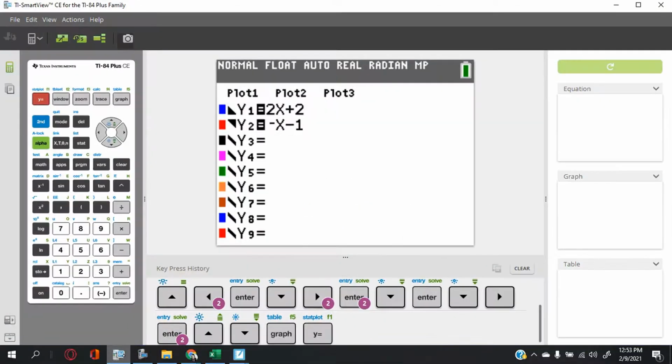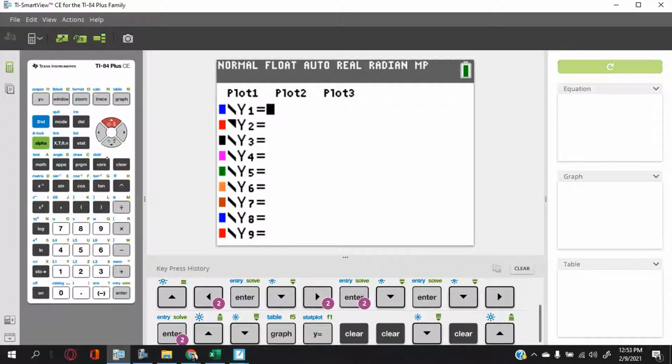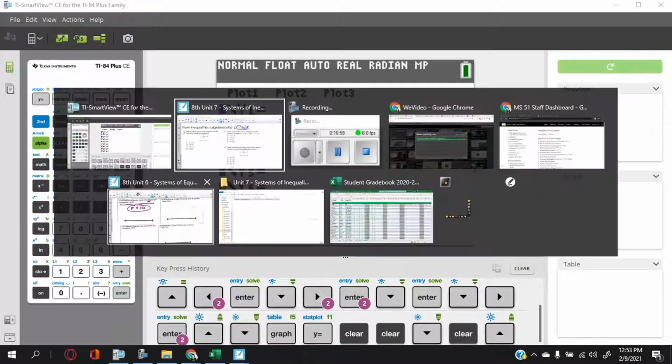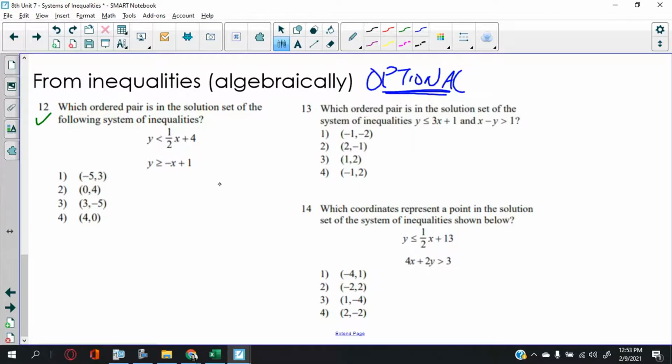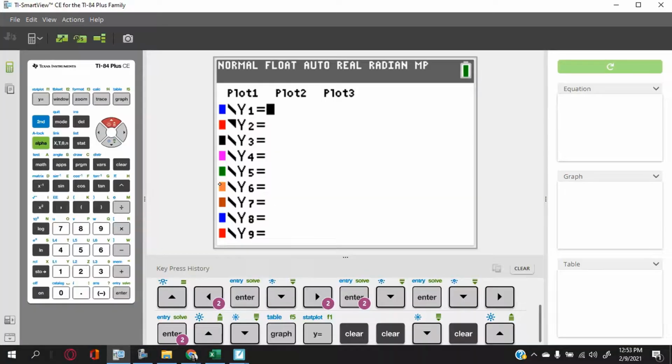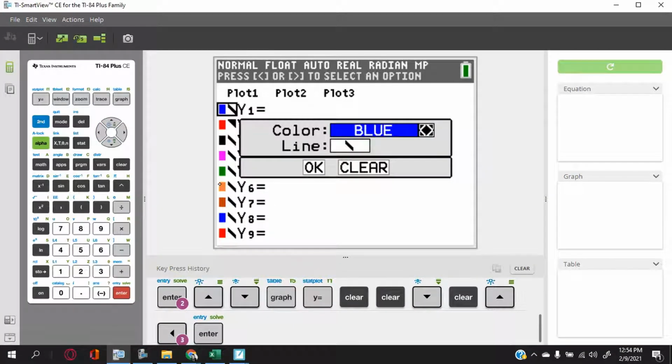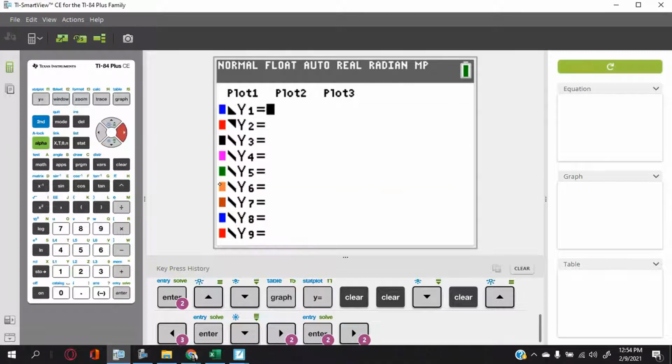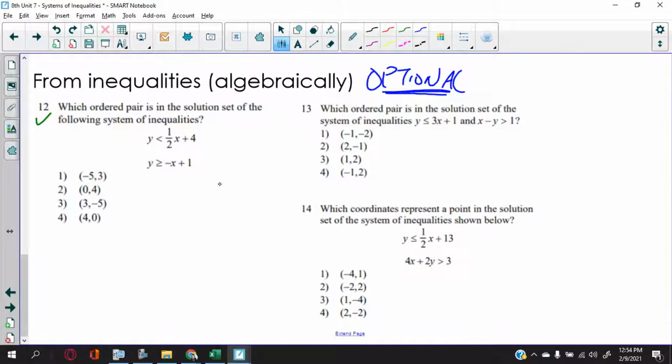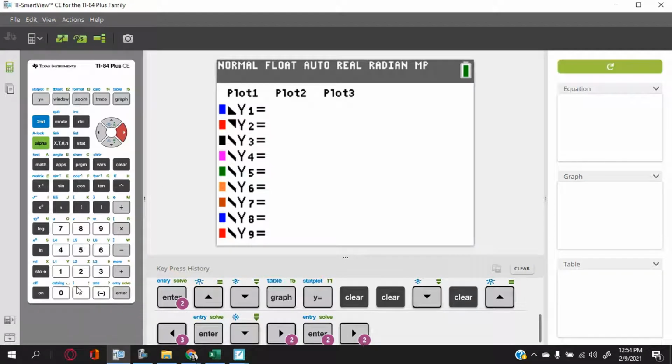For this one, I'll clear both, and then enter in the equations. Now, less than, so I have to change this to less than, and then change this to half of x plus 4, so 0.5x plus 4.